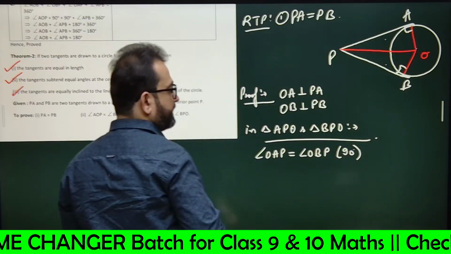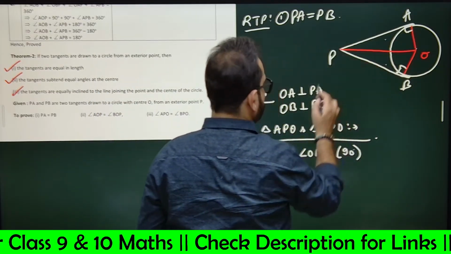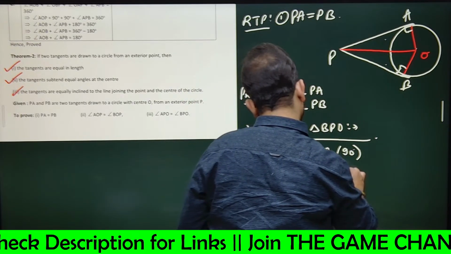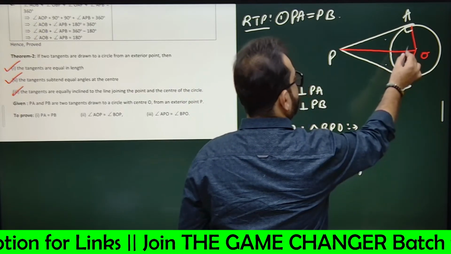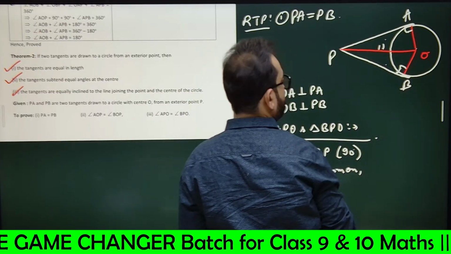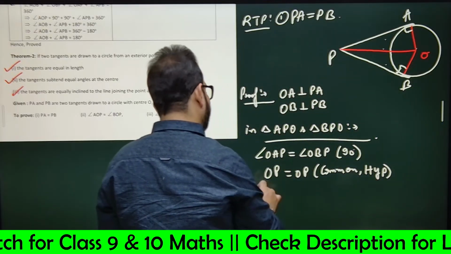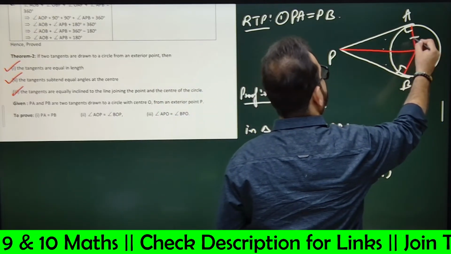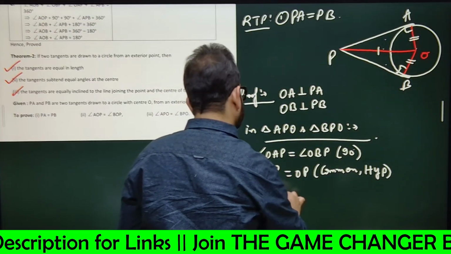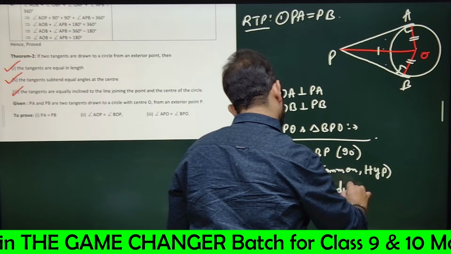Now, what can we write in addition? Right angle is there. Can we say OP equals OP, common side, which is also the hypotenuse for these triangles, opposite the 90 degrees? Yes or no? Common hypotenuse. And OA equals OB. Why? Radius.